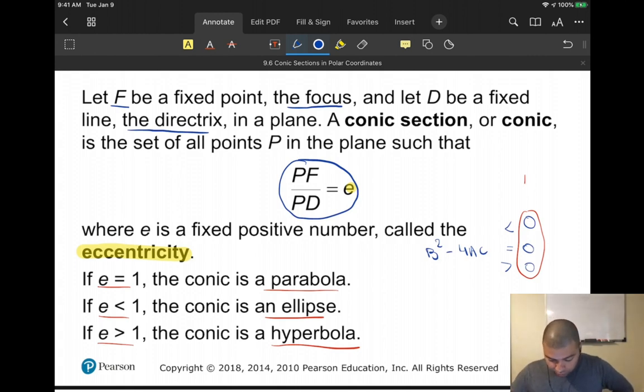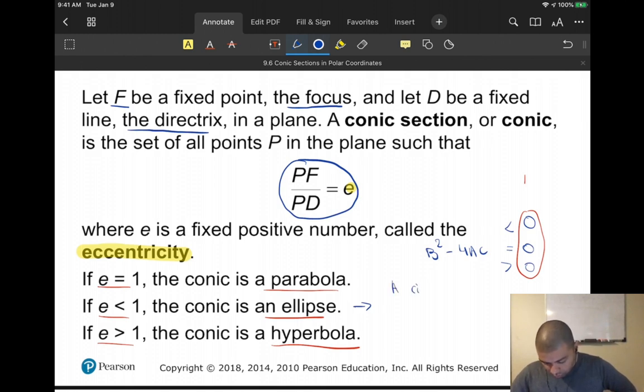And another important thing, if e is equal to 0, which is another case that you can find when you're finding eccentricity through rectangular coordinates, is that this is a circle. So I'll write it out, and maybe you'll see that again in the future.